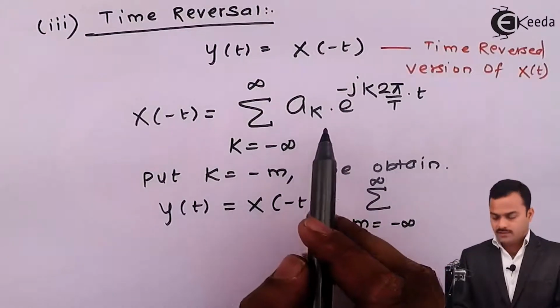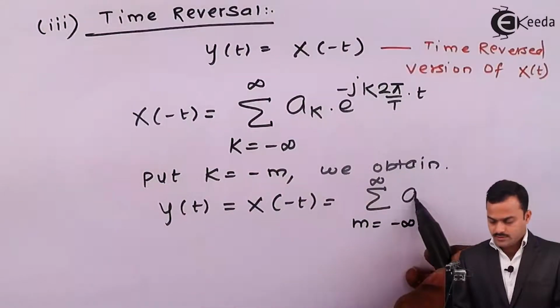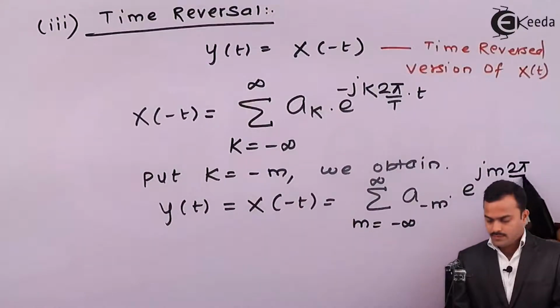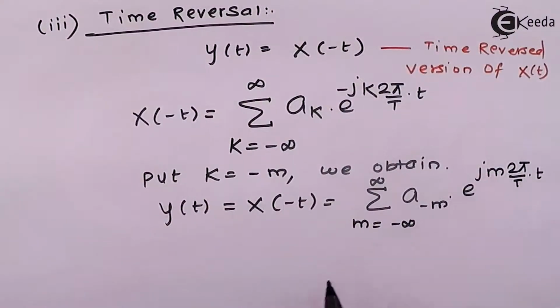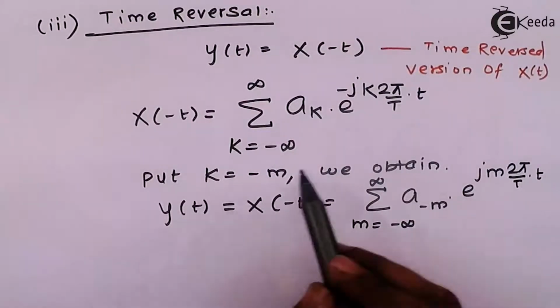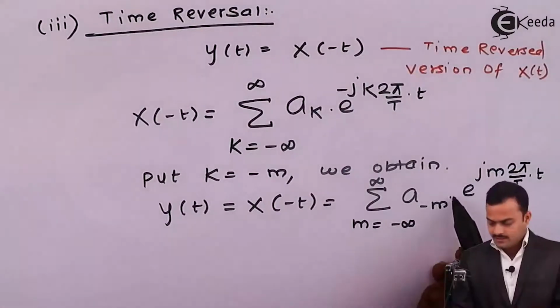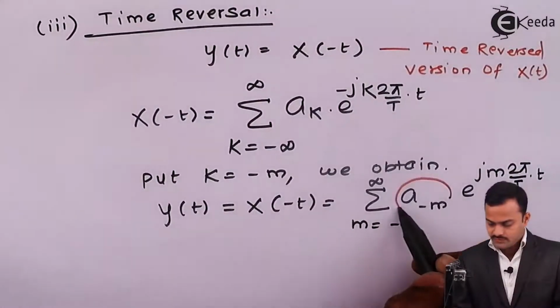The major effect will happen to this. So here I say a minus n e raised to j n 2 pi by capital T into small t. Now this is nothing but a Fourier series representation of a signal, where the Fourier series coefficient will be this.